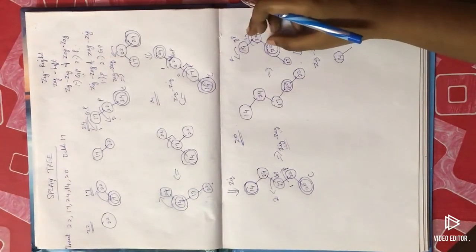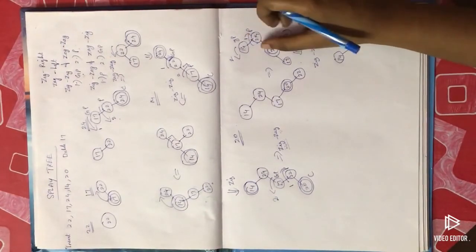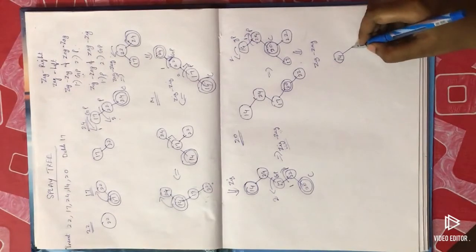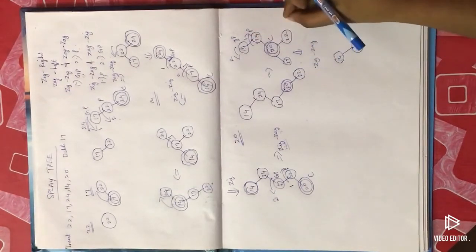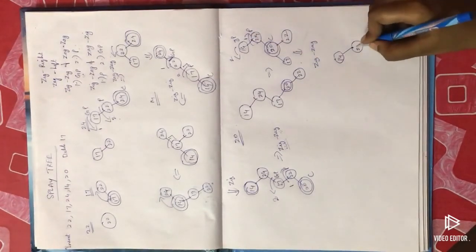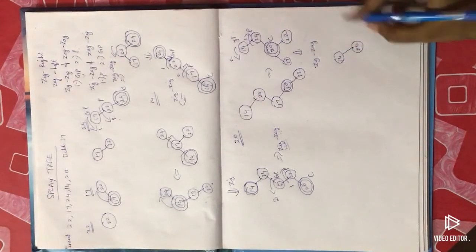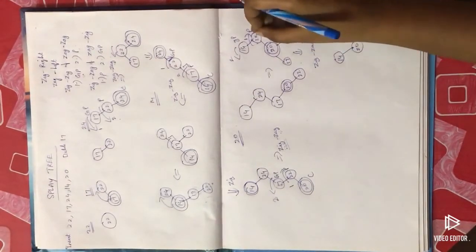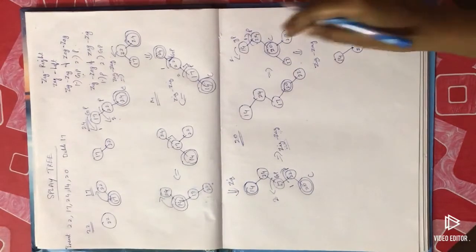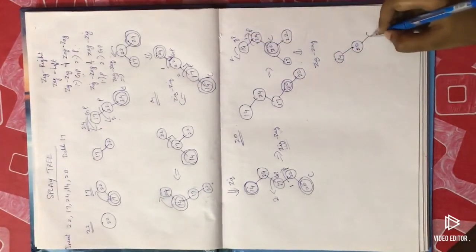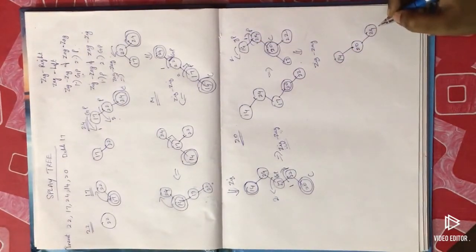If I rotate this parent to this side, what will happen? This I am pulling down. 20 will be at this position. So don't write 22, we will have some problem. I am pushing this 22 down, 24 down. 24 will be here.